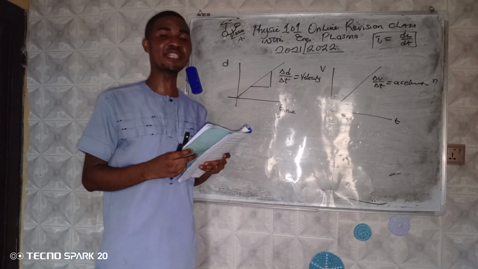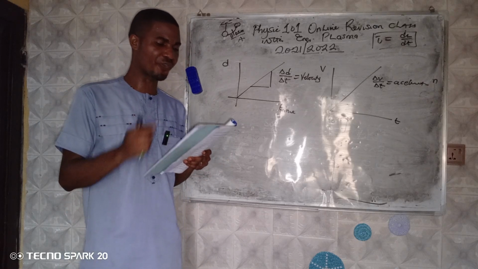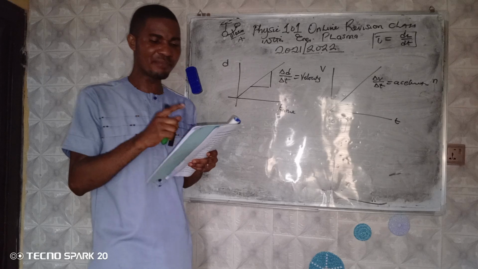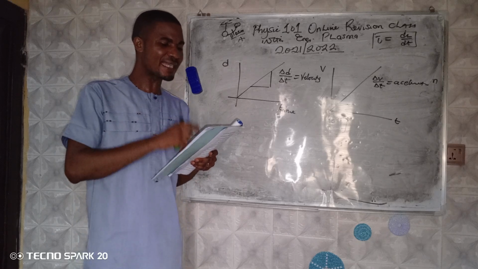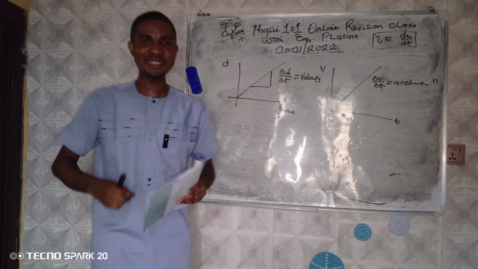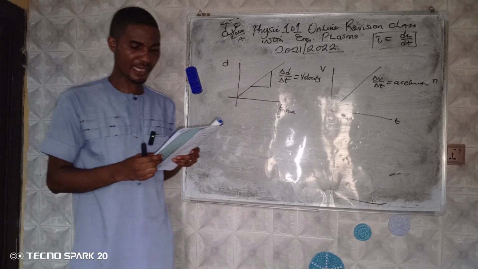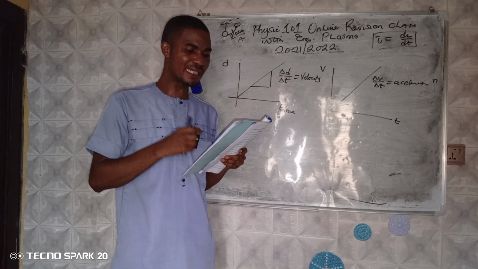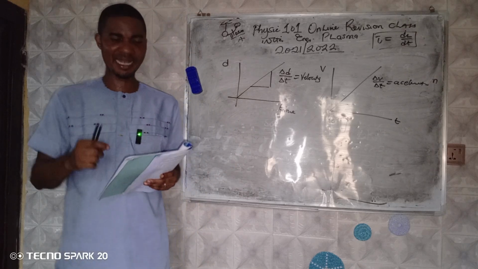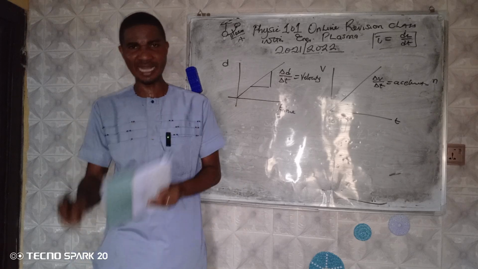Let's see convection. This is the process of transmission of heat from one part of the medium to another by the bodily motion of the heated particle. When the heated particles actually move, we call it convection. It is possible only in liquid and gas.